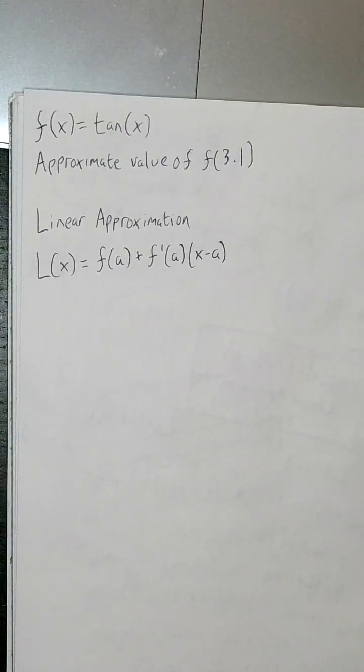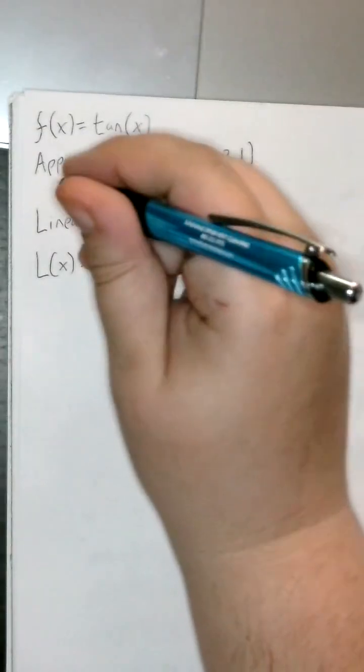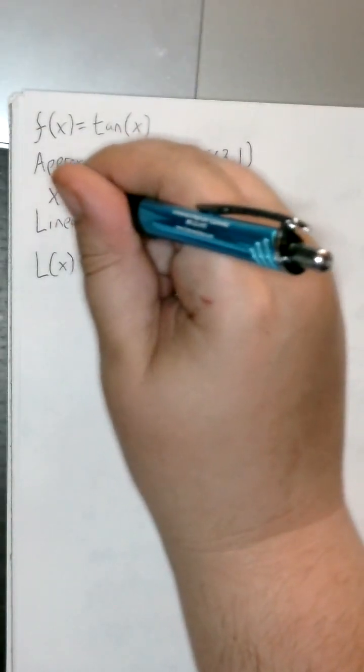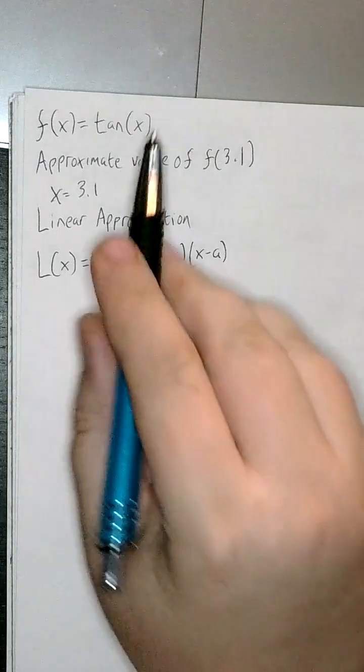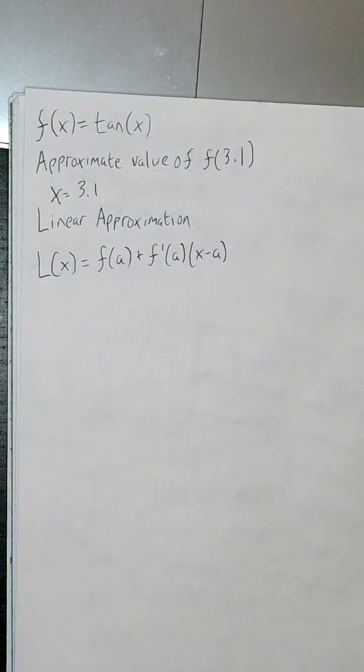So now, my x value, so x is going to equal 3.1. What value of a do you think I should choose? Especially given that I'm dealing with a trig function.